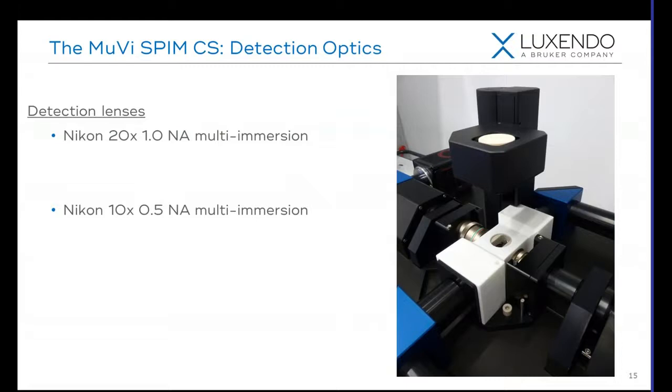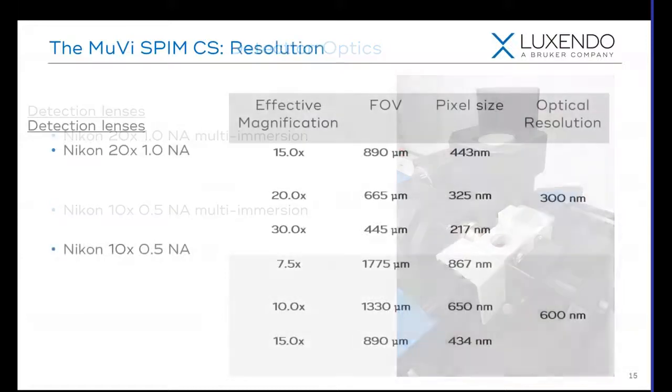What we did change is the detection optics. So now we're working with 2 lenses to begin with. We have a Nikon 20x 1.0 NA multi-immersion lens and a Nikon 10x 0.5 NA multi-immersion lens.